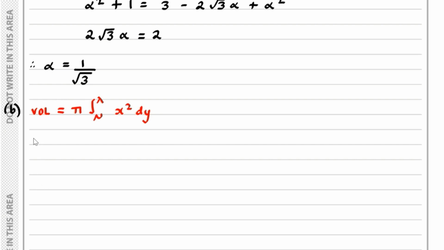Now, if y equals inverse hyperbolic sine x, then x is equal to hyperbolic sine y.